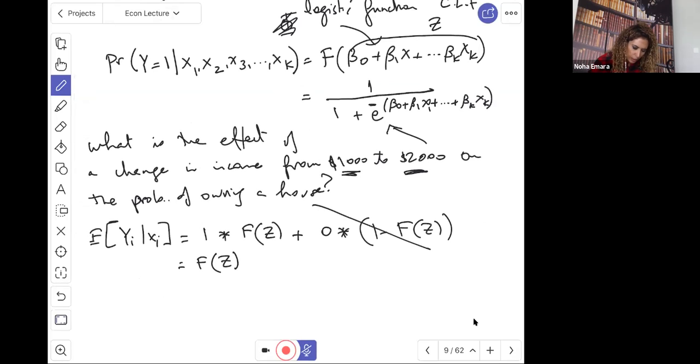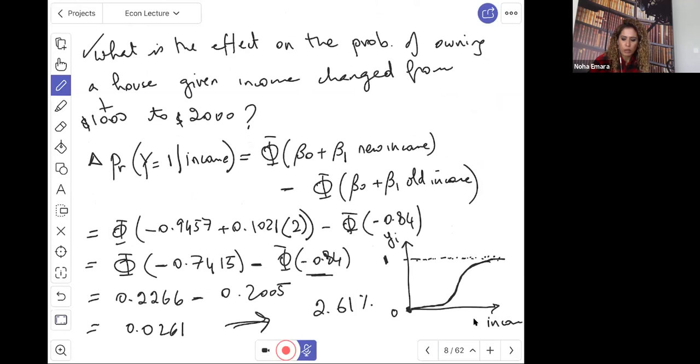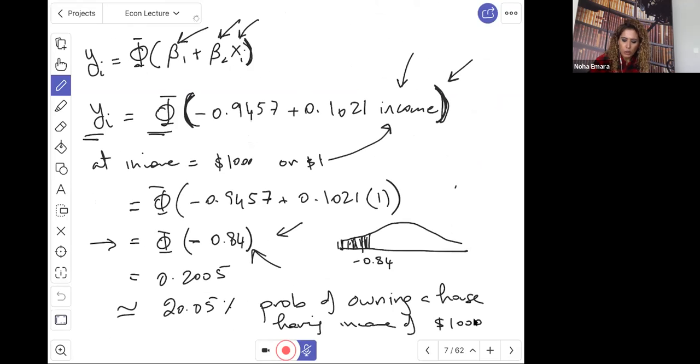So at income equal 1000, I'm going to plug in the 1, right? So I need to compute yi hat, which is equal to f of, remember the 1 when we computed it and it was this number, so I'm just going to use it because when you plug in 1, multiply, subtract, you will get this.